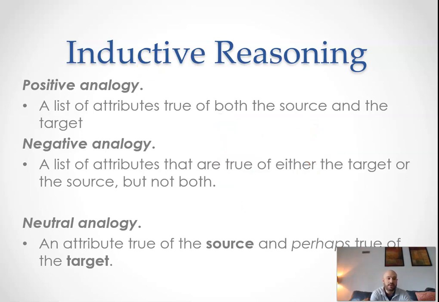And then if we consider the neutral analogy, something else occurs. We have the P and the Q, and we'll say here that P, the source, has attributes 1 through 5, and so does the target.